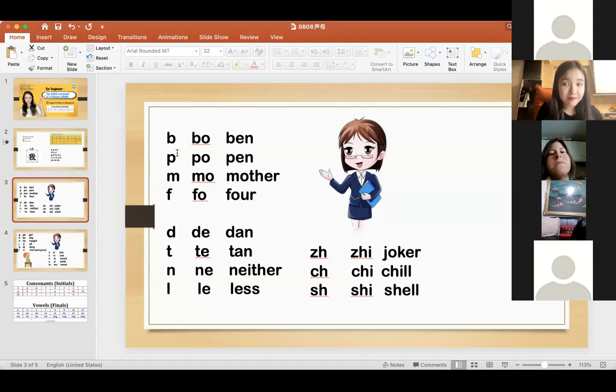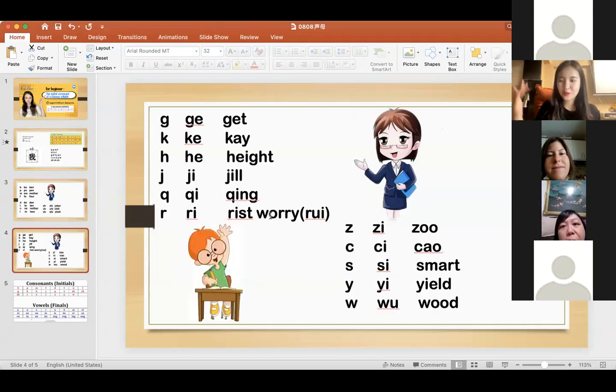Starting from po, mo, fo, and then de, te, ne, le, zhi, chi, shi. Perfect. And next slide. 下一个，我们再读一下。Ge, ke, he, zi, ci, ri.